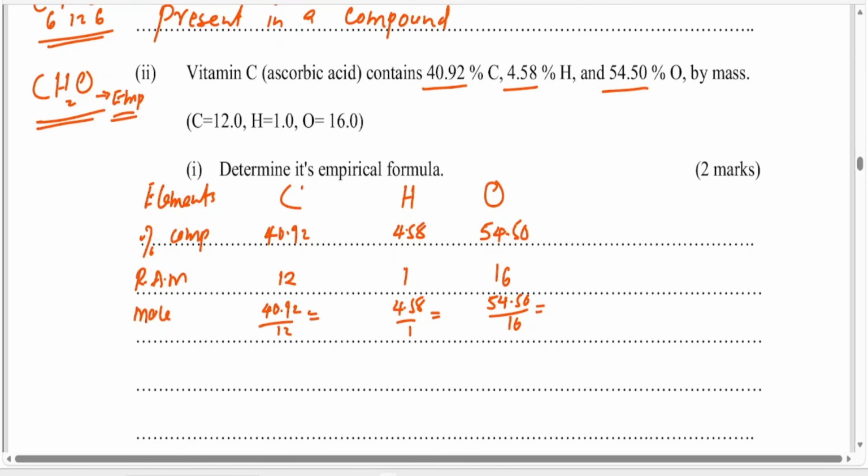Then we determine the moles. For carbon, it is 3.41. For hydrogen, it is 4.58. And for oxygen, it is 3.41. Then from there, we proceed to the mole ratio.